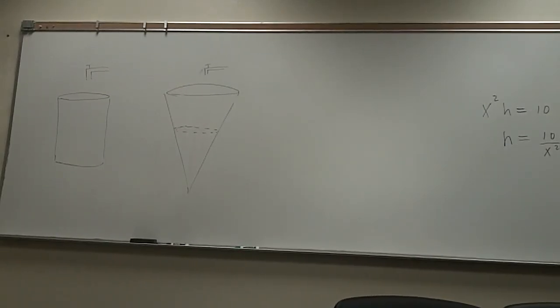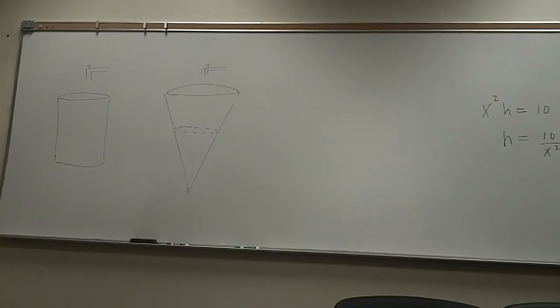Now turn the water on the ice cream cone and tell me what's happening there. It's filling up from the bottom first, getting more volume in it. That's pretty easy to think about, right? More volume.